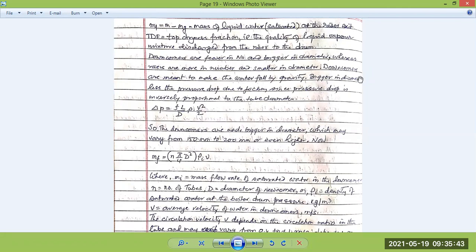MF is equal to N pi by 4 D square into rho i into V, where MF is the mass flow of saturated water in the downcomer, N is the total number of tubes, D is the diameter of the downcomer, rho i is the density of the saturated water at the boiler drum pressure in kg per cubic meter, and V is the average velocity of water in the downcomer.